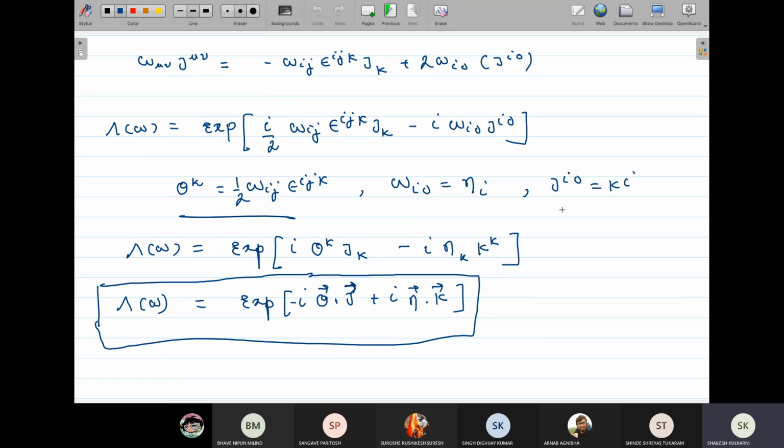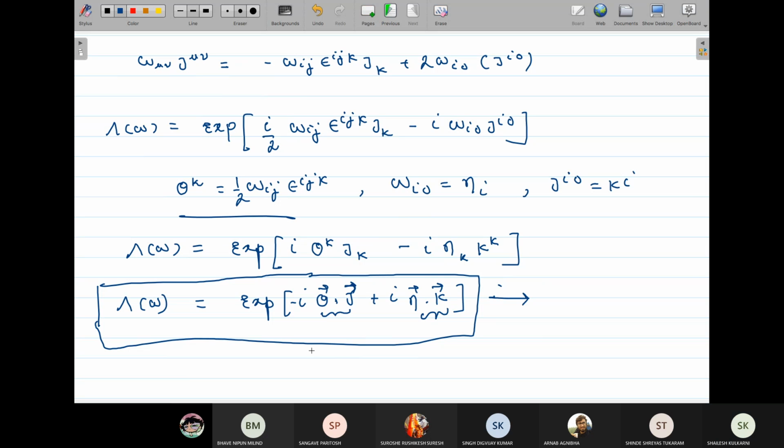Okay. So this is another convenient form for Lorentz transformation. This is the boost part, and this represents, I will not say rotation at this point, but at the end we'll see that this is indeed connected to rotation.